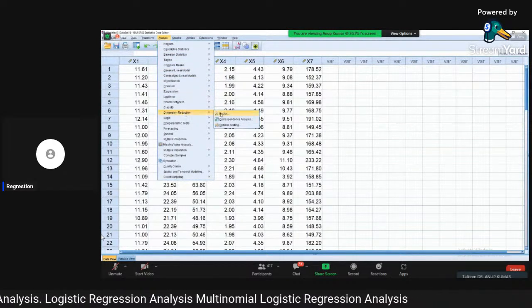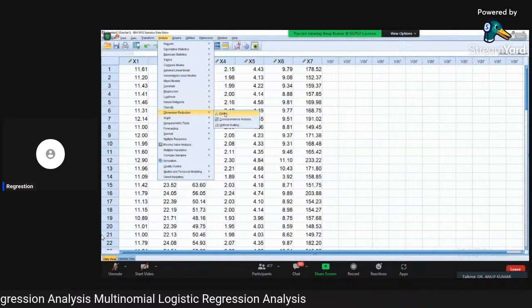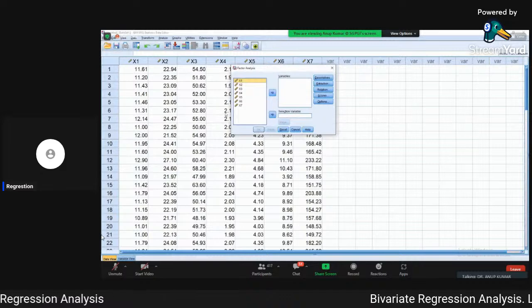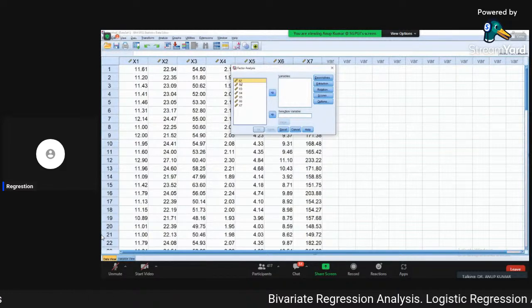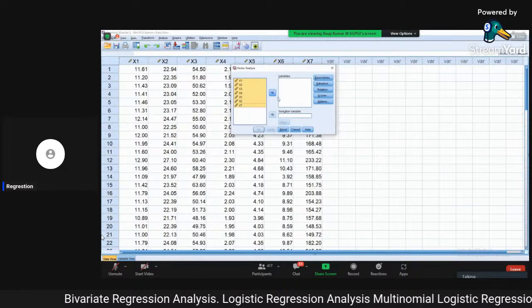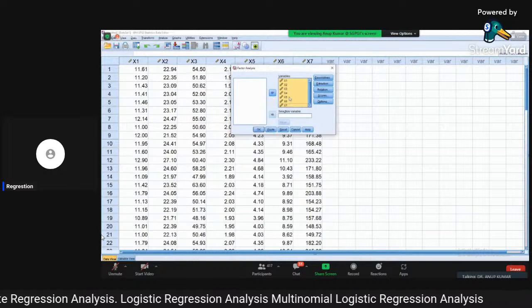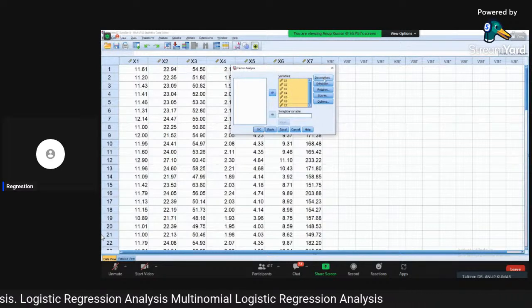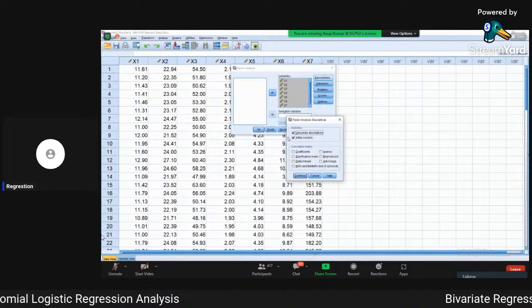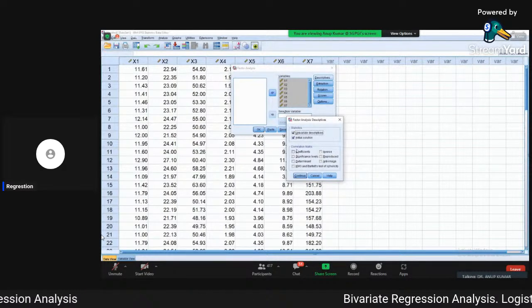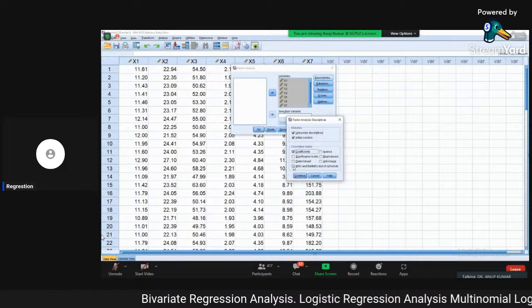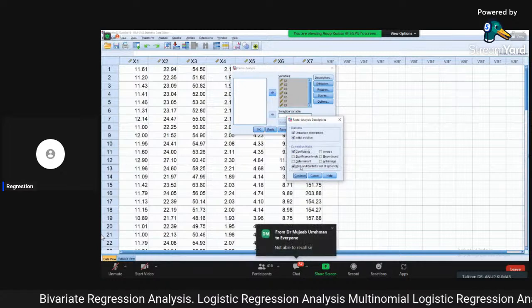And in Dimension Reduction, I will click Factor, and I will select all these variables, and then click on Descriptives. I want univariate descriptives, and I told you that I want the correlation matrix. I want KMO and Bartlett's test. Okay.